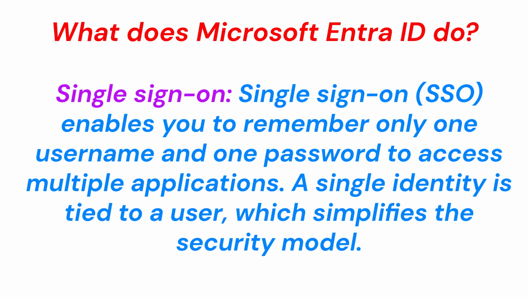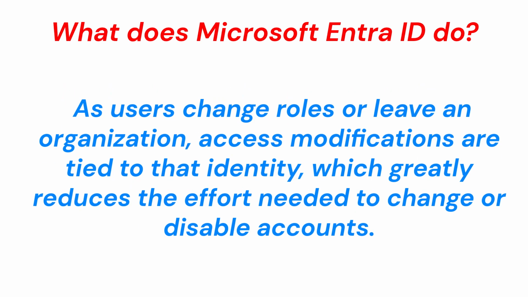Single sign-on, SSO, enables you to remember only one username and one password to access multiple applications. A single identity is tied to a user, which simplifies the security model. As users change roles or leave an organization, access modifications are tied to that identity, which greatly reduces the effort needed to change or disable accounts.